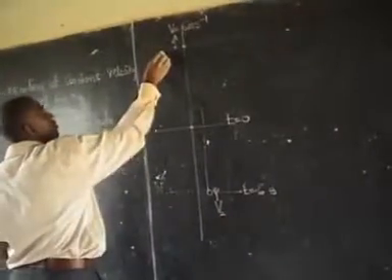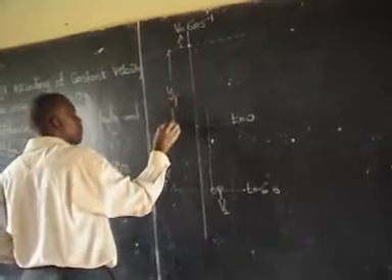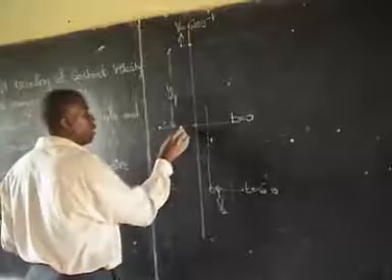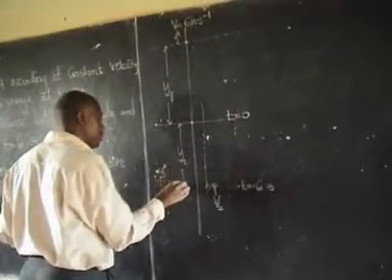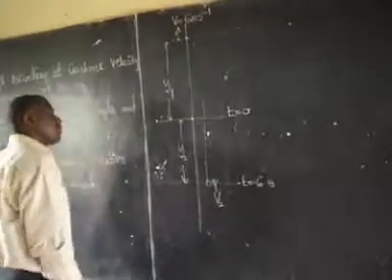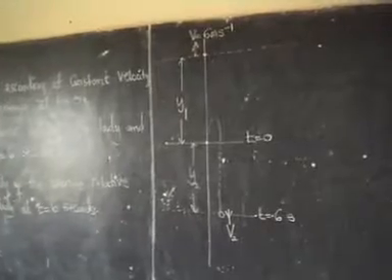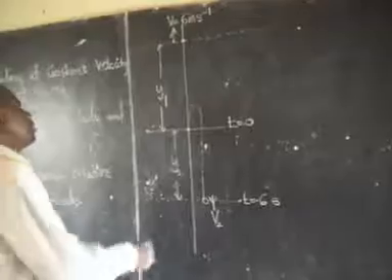So the distance moved by the lady, I'm going to call it y1, and the distance moved by the orange, I'm going to call it y2. So the required distance is going to be the sum of the two.